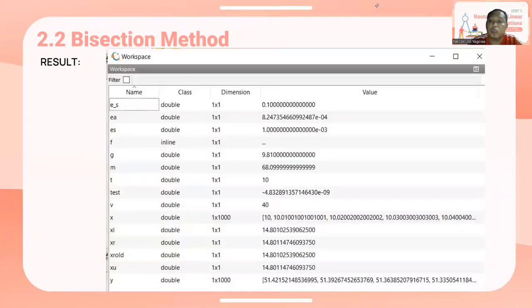So this is the result of the GNU Octave program. As you can see, we also got a value of x sub u, or xu, which is 14.8011.